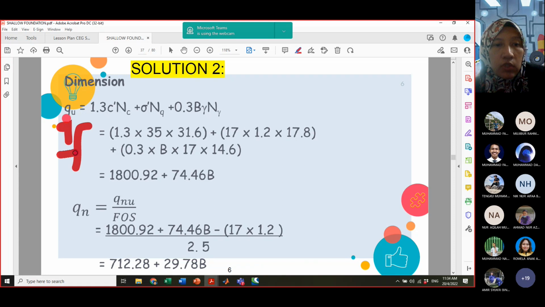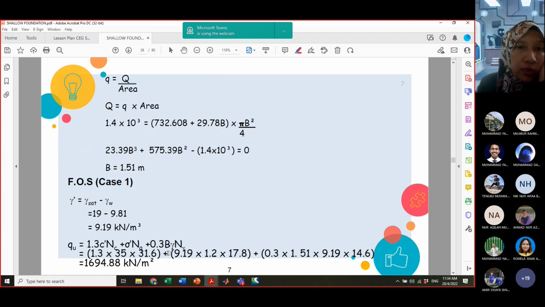So these two things are similar lah. Okay, daripada Q net ultimate bearing capacity from these estimations, dia akan dapat 712.28 plus 29.78 B. So what's the next? The next thing here is to find the B ataupun the size of the circular.